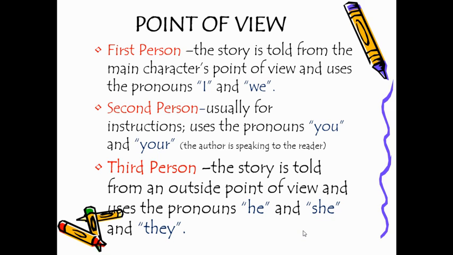So if you were to buy a cabinet and you needed to put it together from IKEA, it would say you need to use the screw and put the 2 pieces of timber together, okay? So that's usually the second person. So we're probably going to focus mostly on the first person and the third person. The third person is the one we mentioned earlier, which is where the story is told from an outside point of view. And it uses pronouns such as he, she, and they.